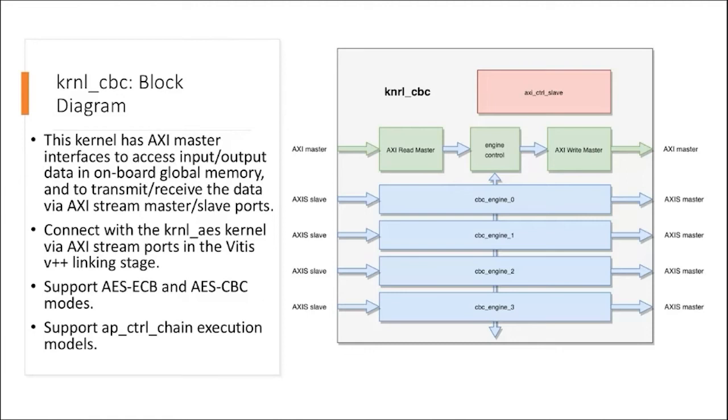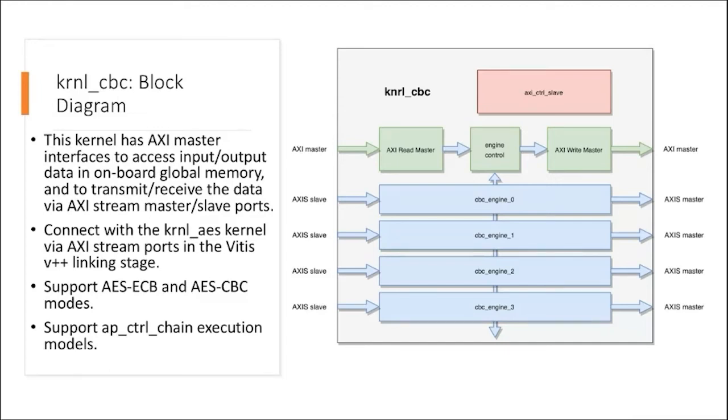We will skip the packaging part because it is mostly the same as kernel AES. We will just look at how we link this kernel with the AES kernel. Similarly, we use the Vitis linking configuration. This is because we run this tutorial in the command line interface, so we never use the GUI.